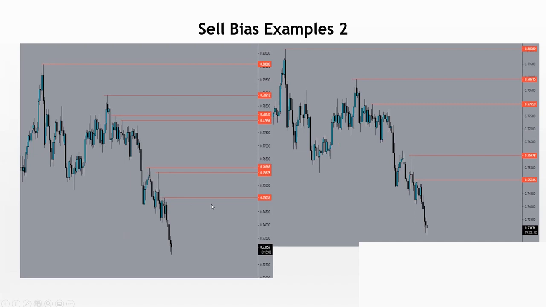So then if we look at the prices on the right-hand side that price is currently at, and we filter them out to be within 10 pips of a round number, you can see this top one here is within 8.9 pips. This one here is within 8.5. This one here is within 4.1. This one here is within 2.2. And this one here is within 3.6. So they are then valid.